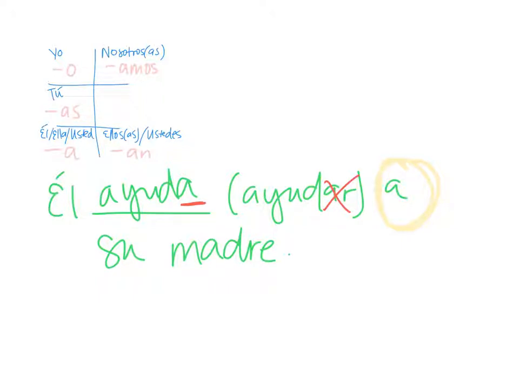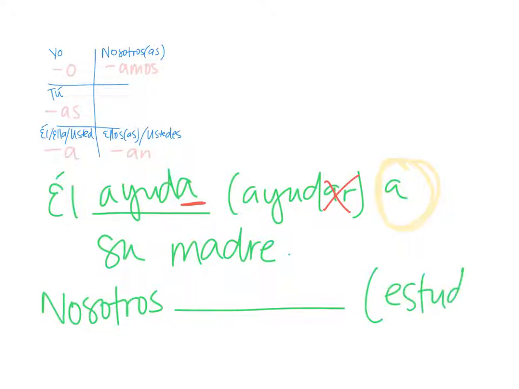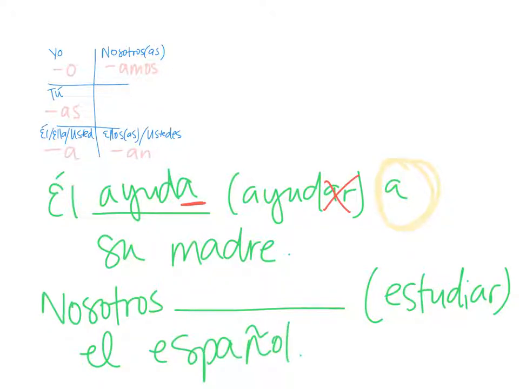What about this? What if I said nosotros, and then I have my verb estudiar, and then I have something after it, like el español. Nosotros, and then estudiar el español. So I'm trying to say we study Spanish.